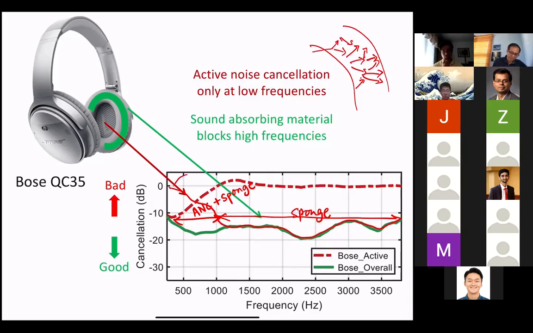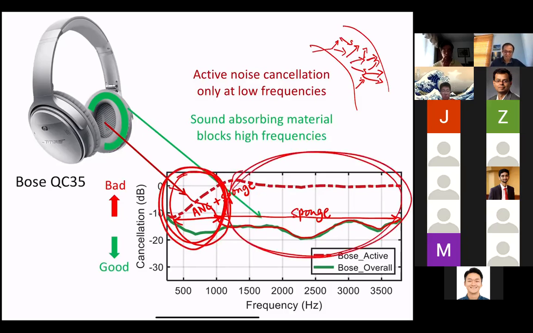The sponge's cancellation in this part is not super good, but that's okay, because your noise cancellation electronics is taking care of that frequency band. But in this frequency band, your electronics is not taking good care of it, so you let the sponge kick in.